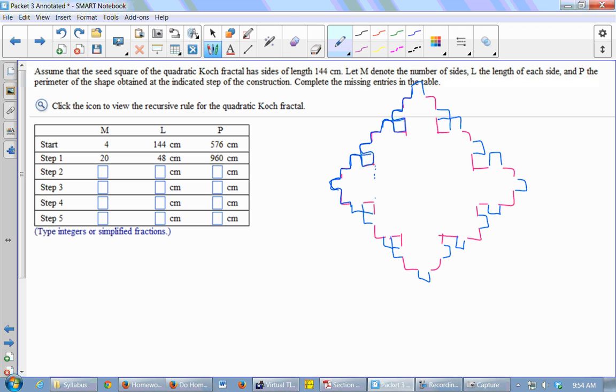It's definitely going to be better if it's all one color and if it's shaded. Okay, that's a little bit better.